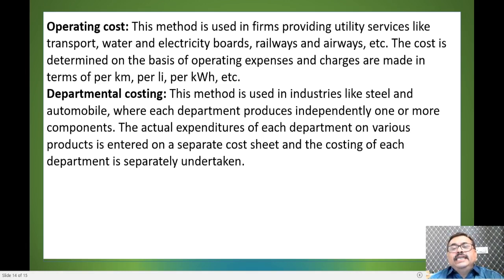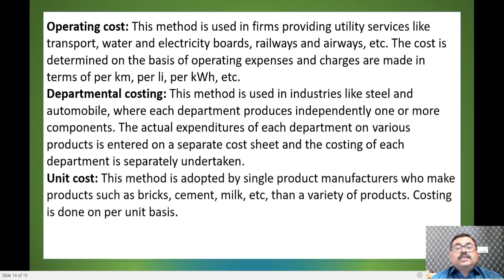The actual expenditures of each department on various products are entered on a separate cost sheet, and the costing of each department is separately undertaken. That means they will calculate it based on the product line or the type of product which is being manufactured in each and every department.